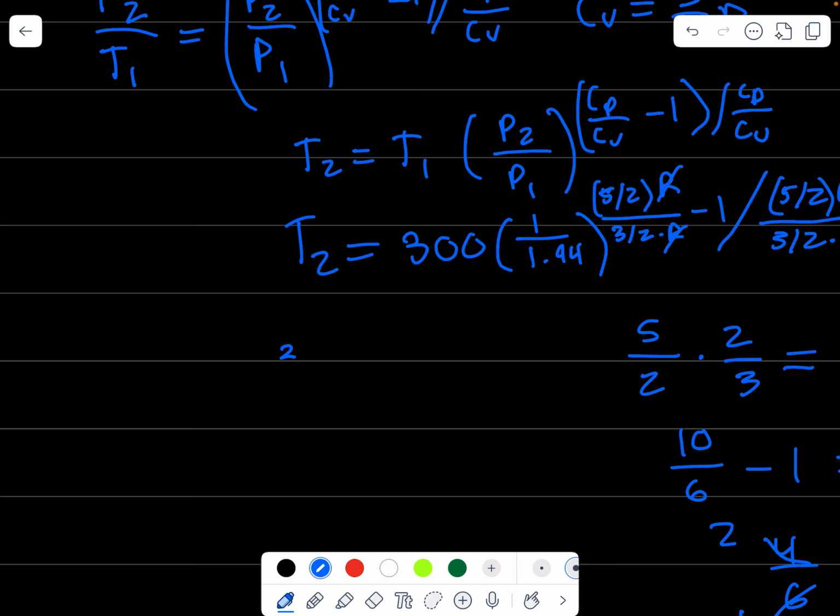So we have 300 times 1 over 1.94 to the power of 0.4.